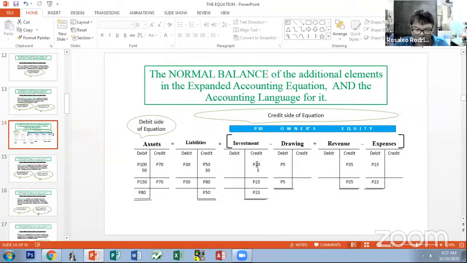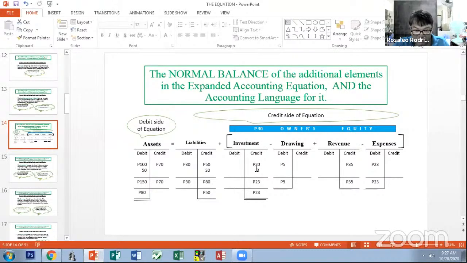And having a normal balance of credit, increases in investment must be recognized as credit. So here we have 20. This could be the investment by the owner. So to increase such owner's equity, we recognize that 20 capital investment as credit.